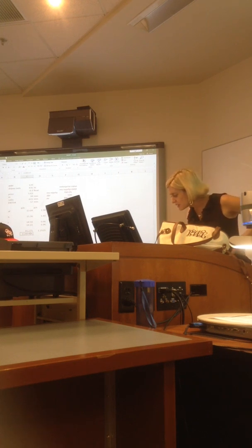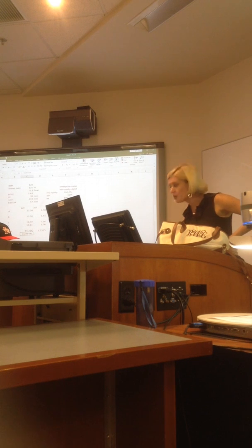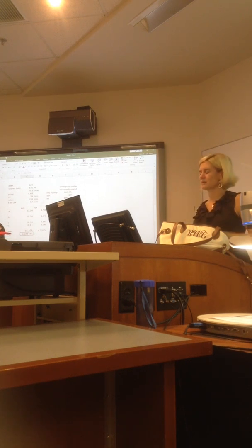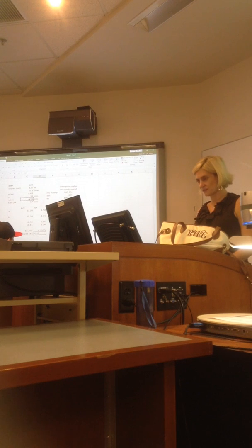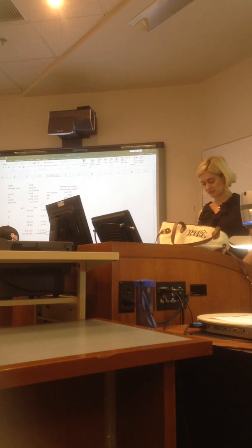Did I mess up some? Oh no, never mind, sorry. Okay. That's correct, right? Yep. And then we do the same thing with sales. So sales divided by number of shares. So this is EPS, this is sales per share.